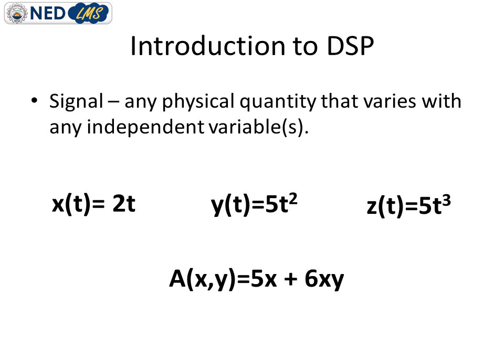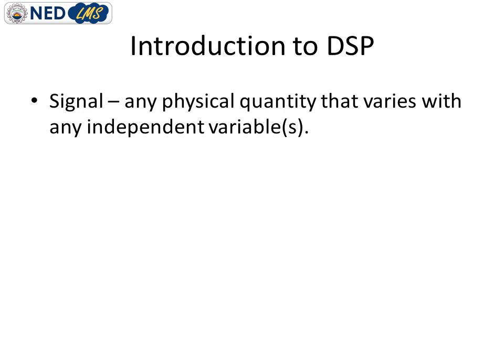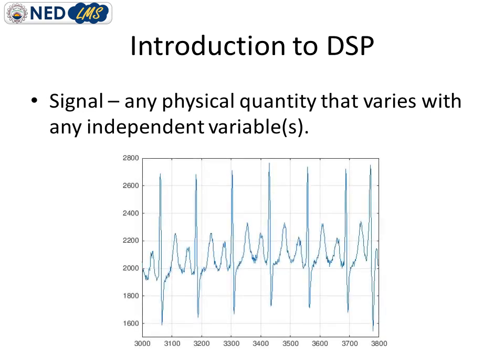Just for example, we have taken an image or plot of an ECG signal. By looking at this graph, you can comment that the mathematical expression of this ECG signal is very complicated.